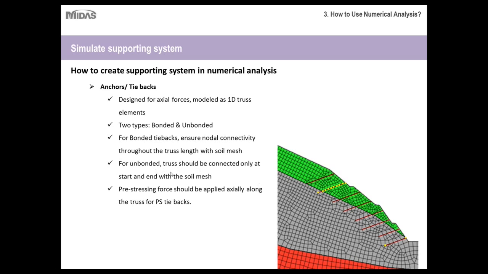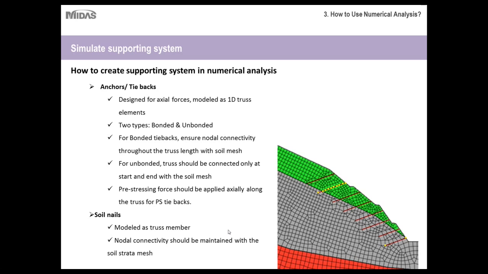But if you're dealing with unbonded tiebacks, then you should just have the nodal connectivity at the end and the start of your tieback. You need not divide the member and make sure that the nodes are connected with the soil mesh all throughout. And if they are pre-stressed tiebacks, then pre-stressing forces should be applied in the axial direction onto these tiebacks here.